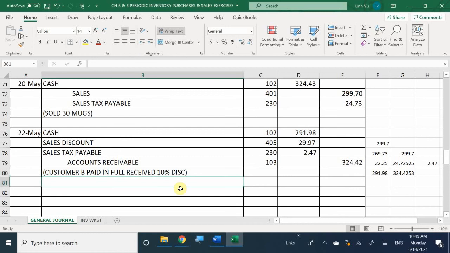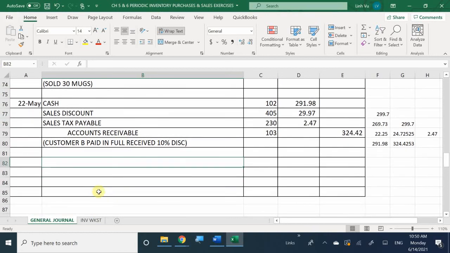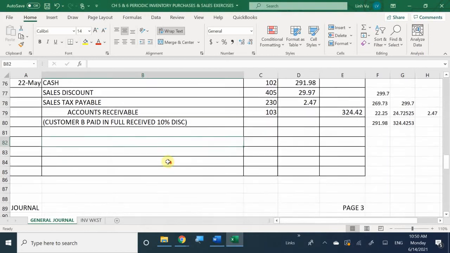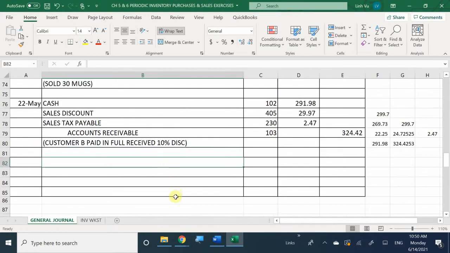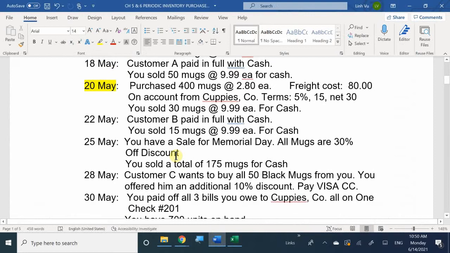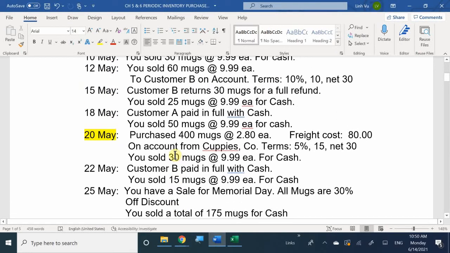So customer B paid in full and he received a 10% discount. I think we could squeeze in the last one here. So let's see what happened here on the 22nd, also the same day.